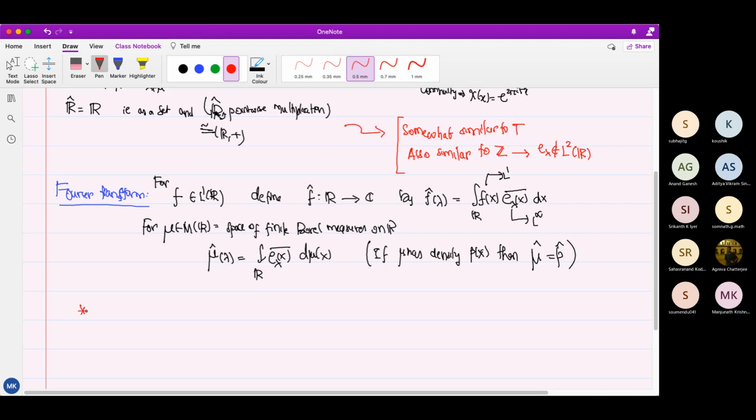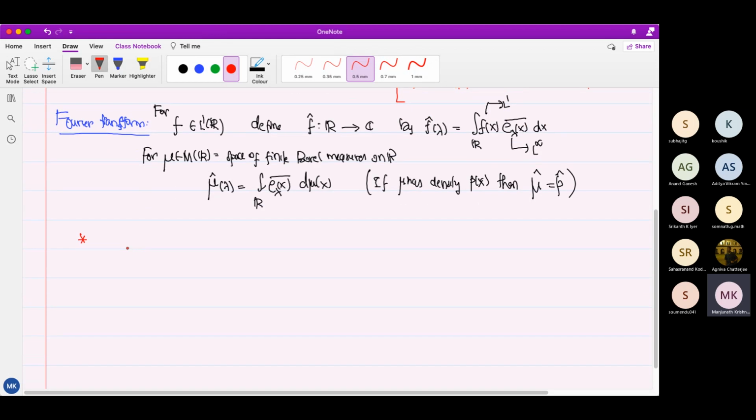Before going to L2, we can make some observations here. Maybe let me do one or two examples. Let's say mu is uniform on -1 to 1. It's an important case.